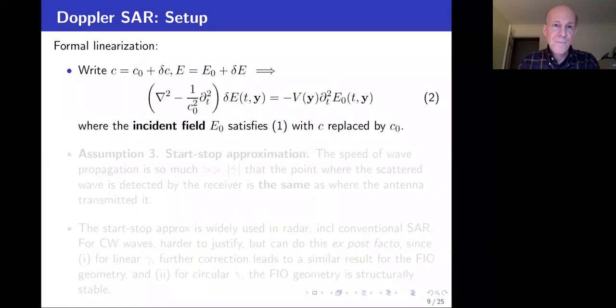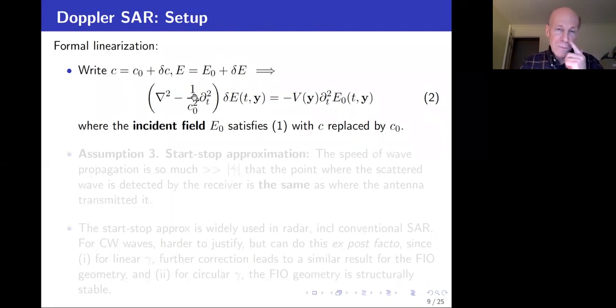Okay, so we do a formal linearization. We think of C as C0 plus delta C, even though, of course, delta C is quite singular. And then that results in an electric field, which is E0, which would be the incident field in free space, plus delta E. And the perturbation, delta E, satisfies this wave equation here.